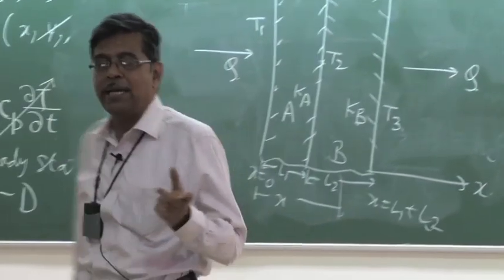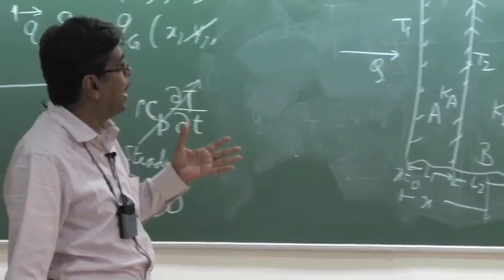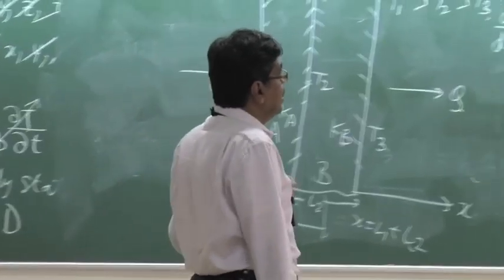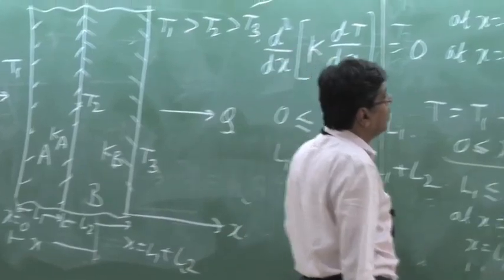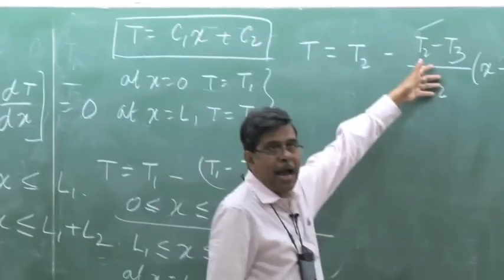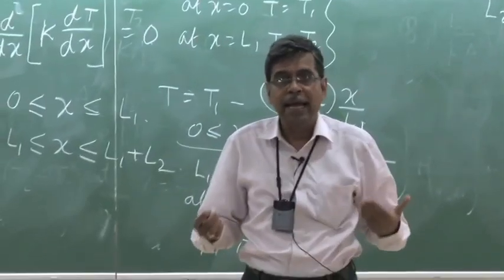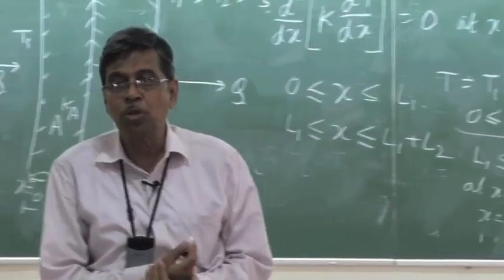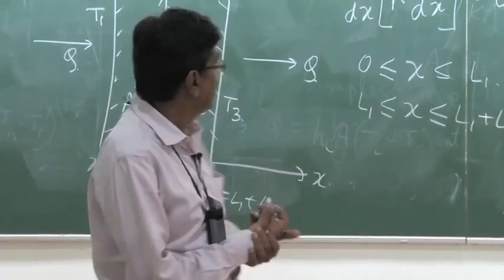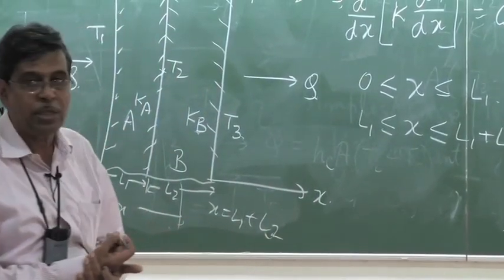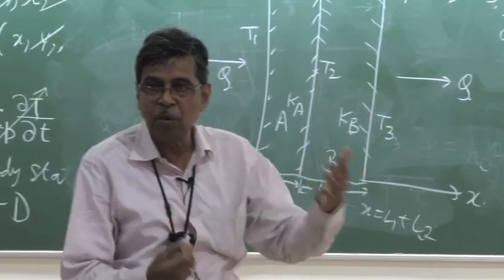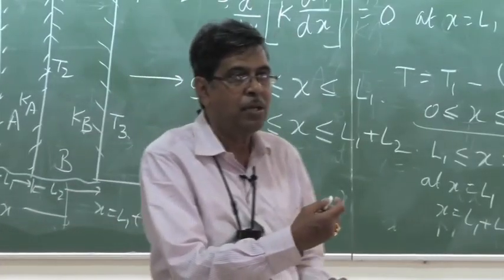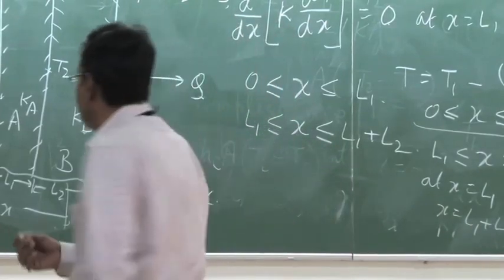So you see two linear temperature profiles are obtained with different slopes, and here we do not have any understanding of which slope is greater and which is less. That depends upon the values of T1, T2, T3. For given T1 and T3, T2 will be adjusted accordingly so that the slope is determined.